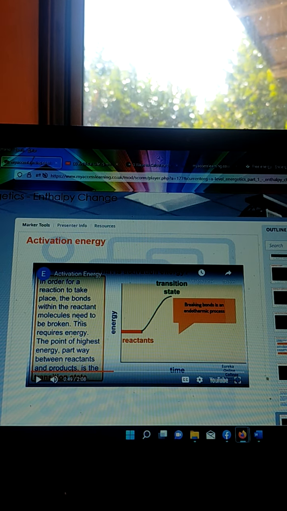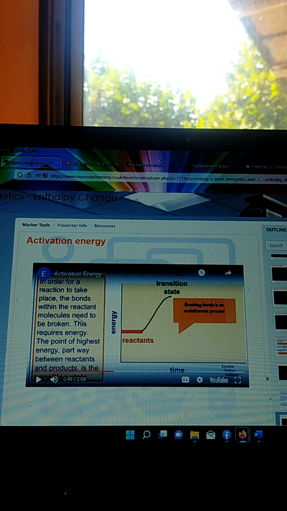That's not true. Some bonds within the reactant molecules need to be broken. That's true. Some bonds within some of the reactant molecules need to be broken. That's even more true.